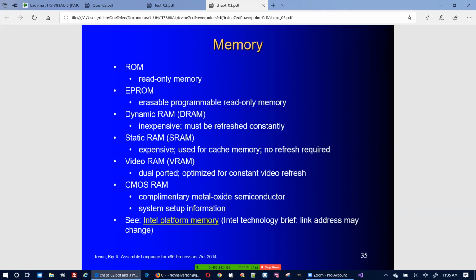But that's also why in very fast systems CMOS consumes a lot of power, because in fast systems you're doing a lot of reads and writes in a short period of time, and that can consume more power.